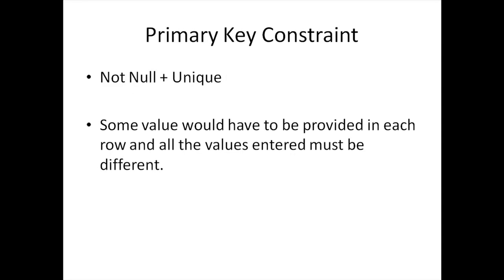And the last constraint that we're going to talk about in this tutorial is the primary key constraint, and this is perhaps the most important constraint available to us in SQL, and it's a combination of not null and unique.